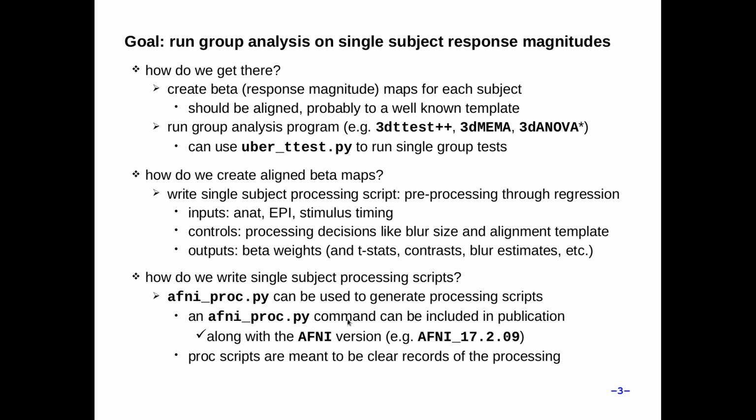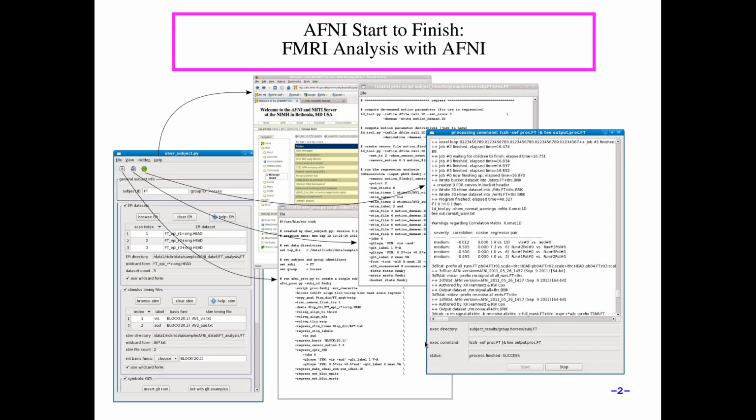Again, note that the afni_proc.py command itself is typically not very long, between 20 and 50 lines, depending on how many things you tell it to do or how many inputs you give it. So, it's not very big, and that provides a tremendous amount of information.